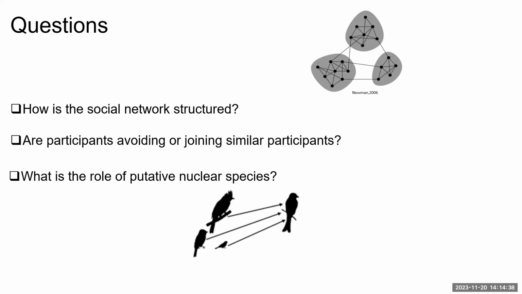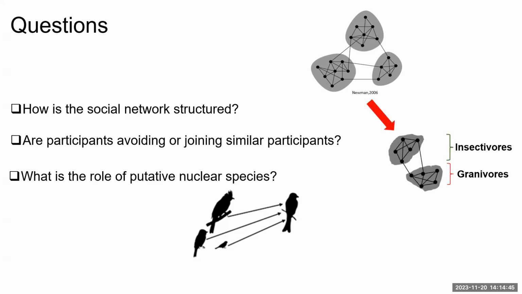There might be an underlying ecological phenomenon going on there, influencing this social structure. But in terms of our savanna bird communities, we expected that our social network would look like this, because we generally have granivores that forage on the ground, and insectivores that generally forage on woody vegetation.